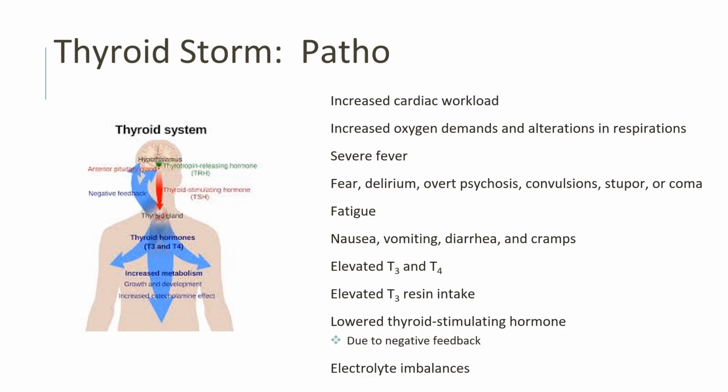The hypothalamus uses positive and negative feedback systems to control the amount of TRH that it sends, to then create TSH, thyroid stimulating hormone, which then has the effect on the thyroid gland itself. So when we hit thyroid storm, we have this constant innervation upon the hypothalamus that is releasing TRH to subsequent TSH that's going to then act on that thyroid gland to keep pumping out T3 and T4.